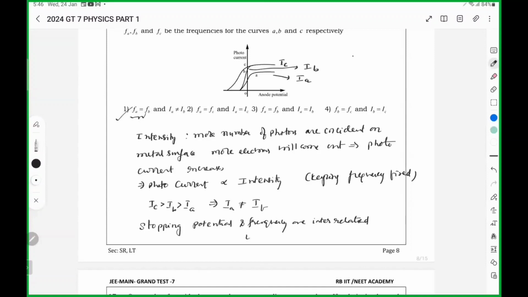So we know the energy of a photon is h nu, where nu is frequency. As frequency increases, incident energy increases.